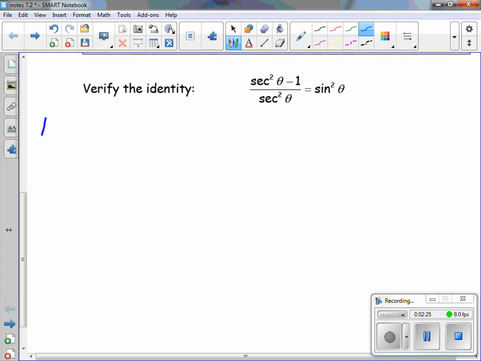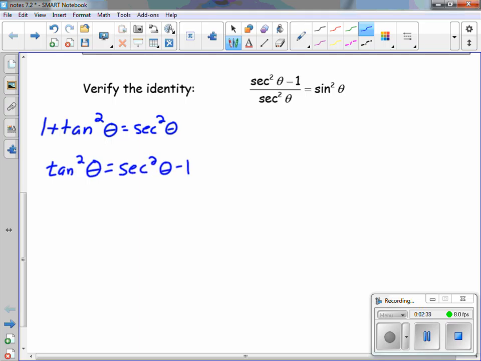So just to give the visual of that, we can move the 1 over, and that'll give us secant squared theta minus 1. So we can replace secant squared theta minus 1 with tangent squared theta. Cool? All right.